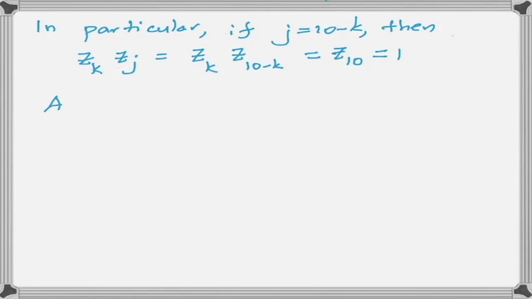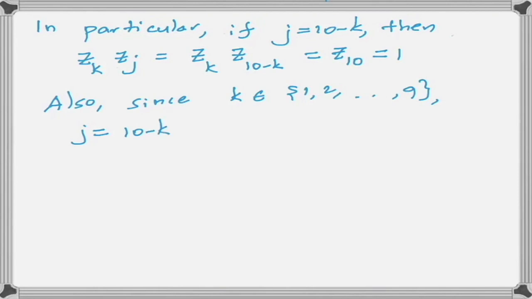Also, observe that since k is in the range 1, 2 and so on up to 9, j equal to 10 minus k is also in the range 1, 2 and so on up to 9.